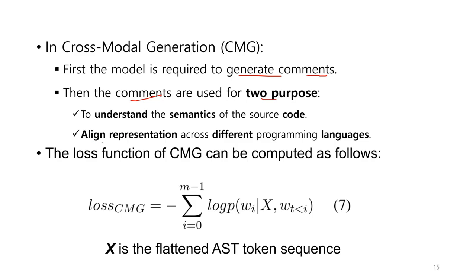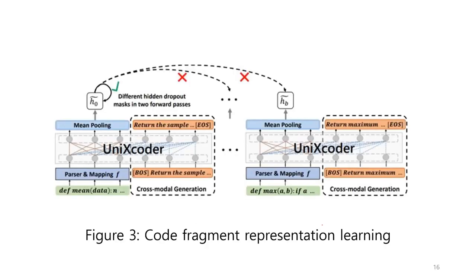Second, the comments are language independent because they are natural language text, so they can be used to align representations across different programming languages. The loss function is the negative log of the generated comments conditioned on the flattened tokens and the previous comment lines.